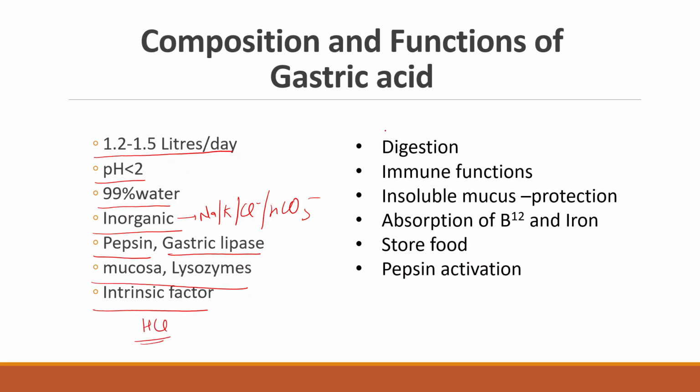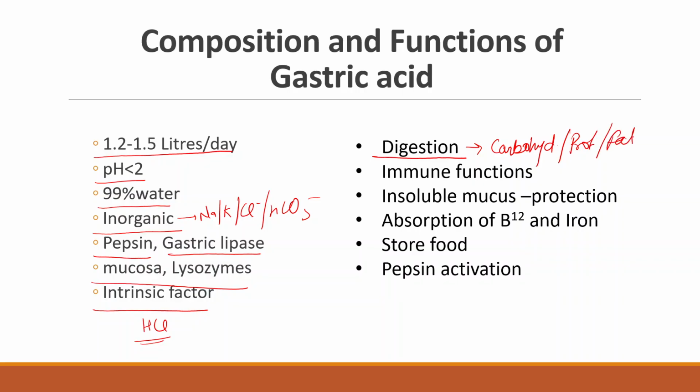Talking about functions of gastric acid, it helps in digestion of all the macronutrients. So digestion per se is basically it combines the digestive juices and helps in mastication, the grinding of the large particles into small particles. So HCl will help in the digestion process of all the macronutrients, proteins and fats.